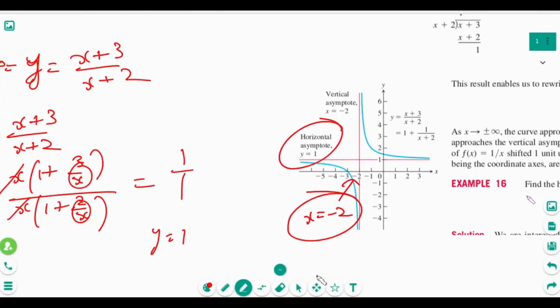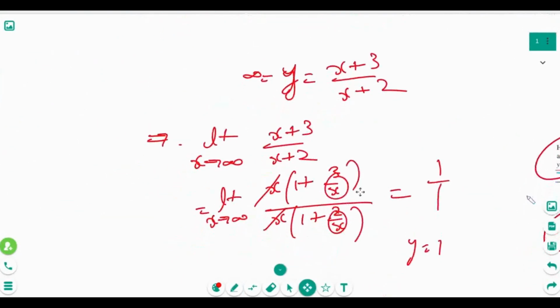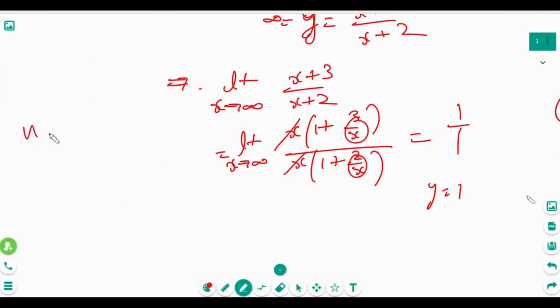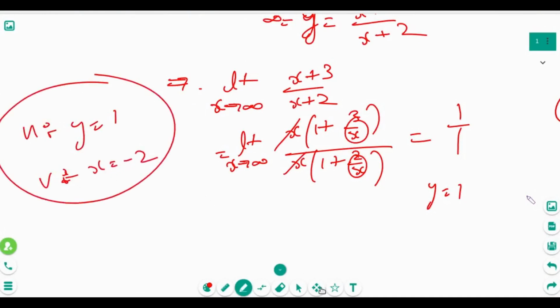And now, how to draw the graph here? For the graph, you have the horizontal asymptote y equal to 1 and the vertical asymptote x equal to minus 2. Now let's draw the graph.